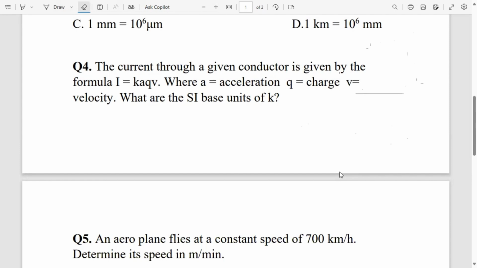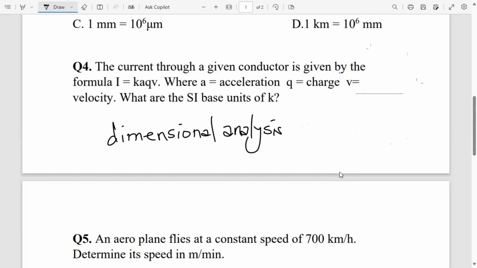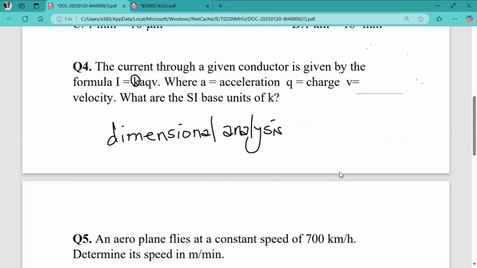So this question is from dimension analysis. We are supposed to find the SI base units of this constant K, which is in our equation. So what are we going to do? We'll go to our blank board.